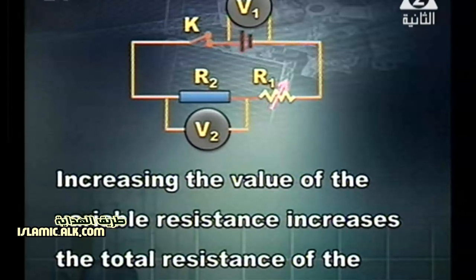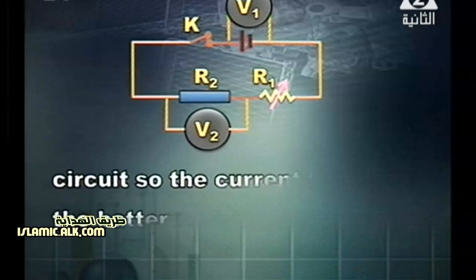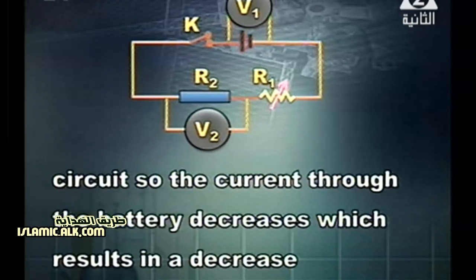Okay, so increasing the value of the variable resistance increases the total resistance of the circuit, so the current through the battery decreases. When the current decreases, internal voltage decreases. And when internal voltage decreases, external voltage increases.